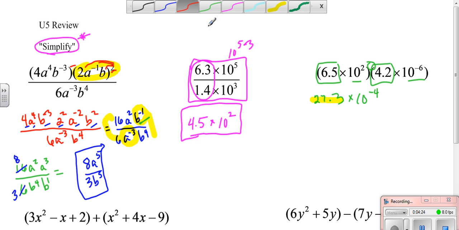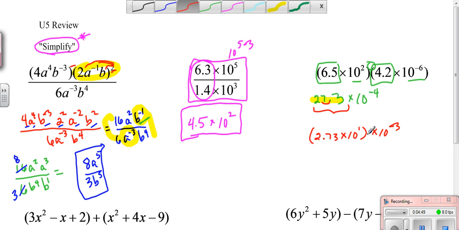So what I need to do at this point is I need to go ahead and fix this so that it's a number between 1 and 10. So the way we do that is we are going to move the decimal point 1 place. So that's going to become 2.73 times 10 to the 1st, because I moved it one place, times 10 to the negative 3.